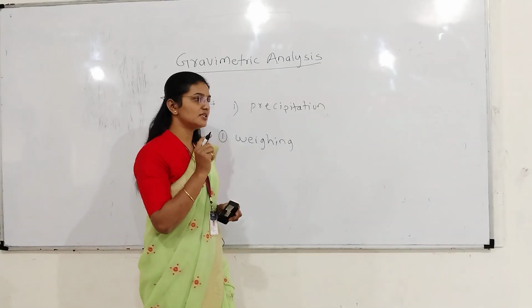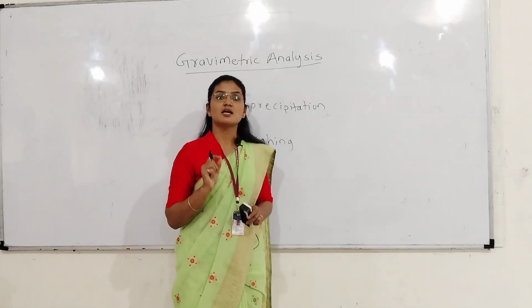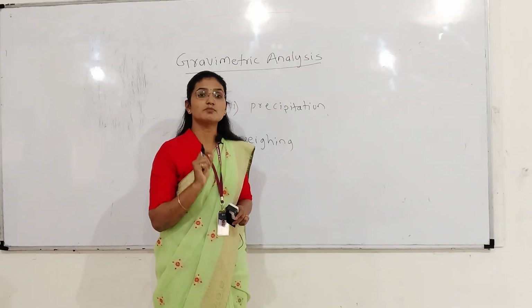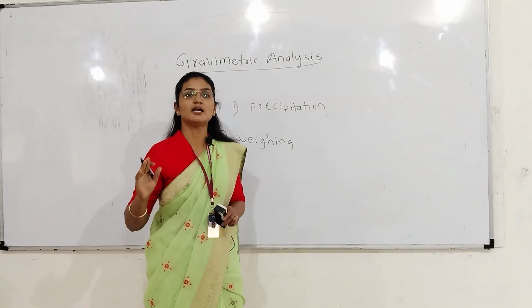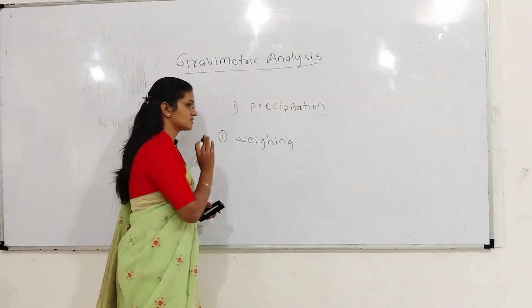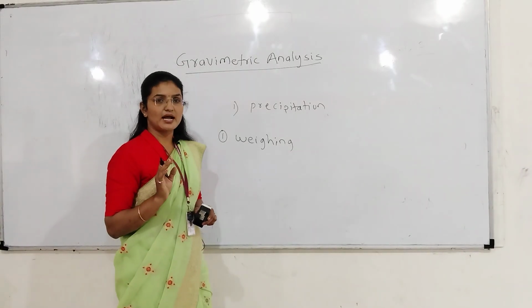Care must be taken that the sample contains all portions of that sample for better result and accuracy. Weighing means accurately weighing your sample by using an analytical balance. This is the first step of the gravimetric analysis.